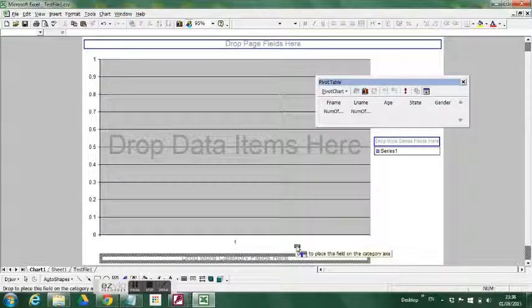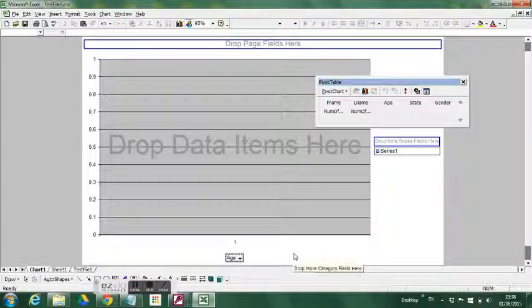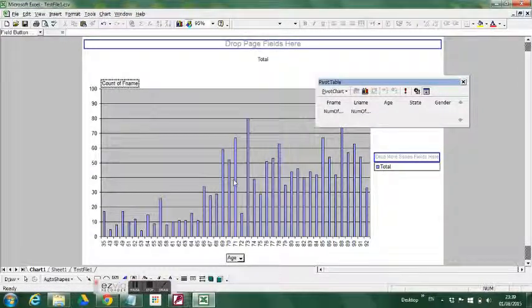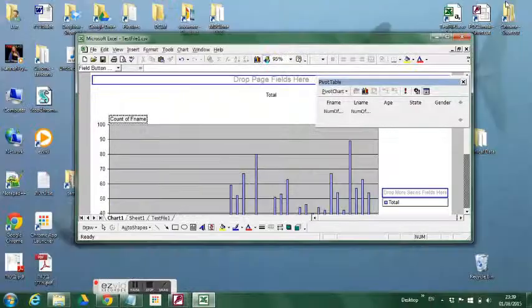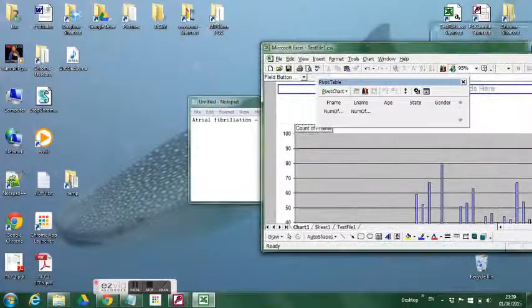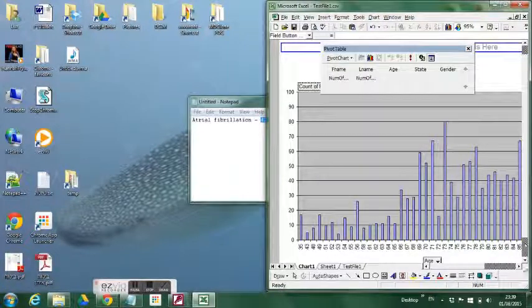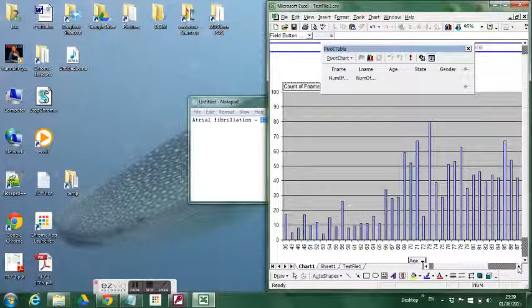We'll grab age, and we see that we have the same age distribution in the fictive dataset as the one in the original one connected to the real EMR. Just put them side by side.